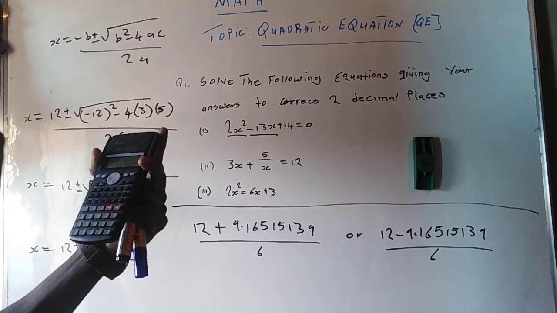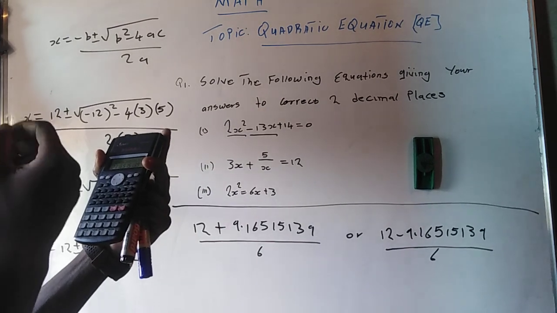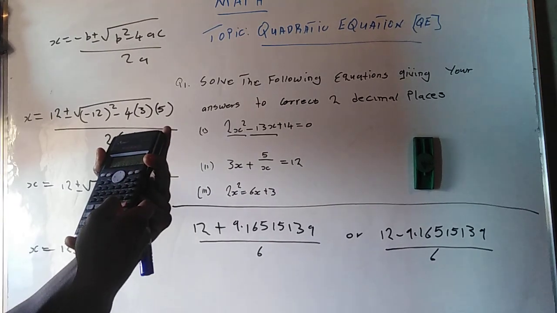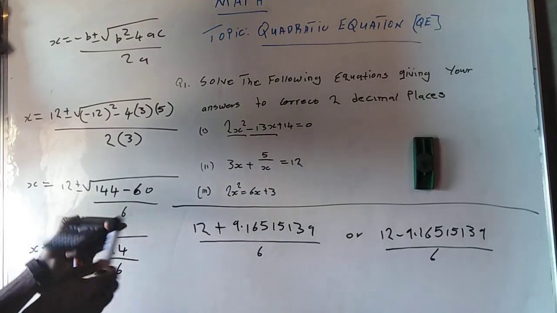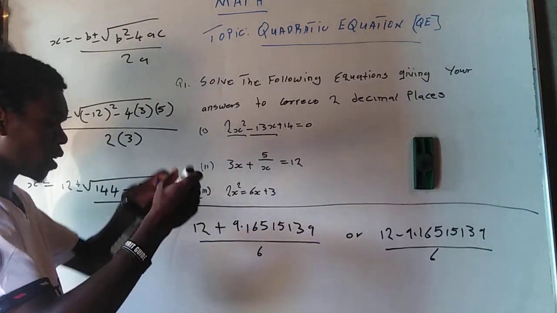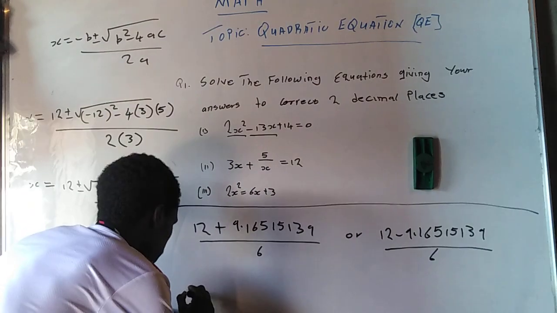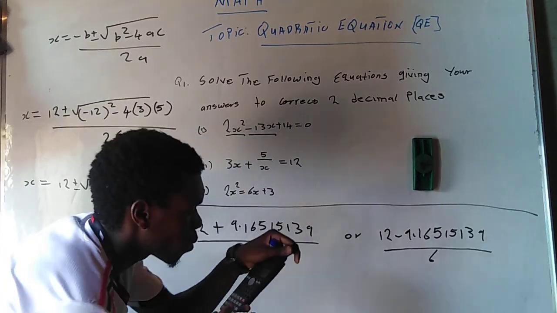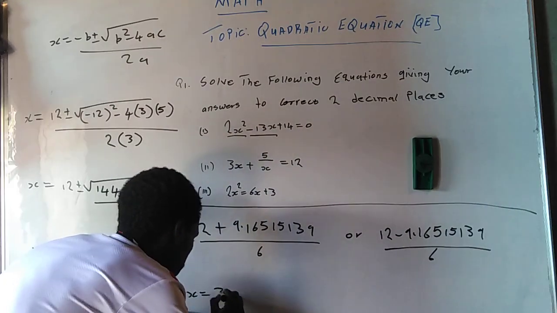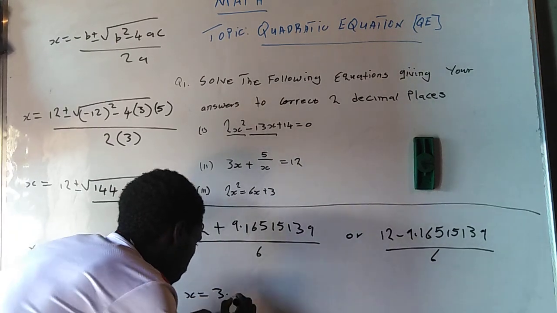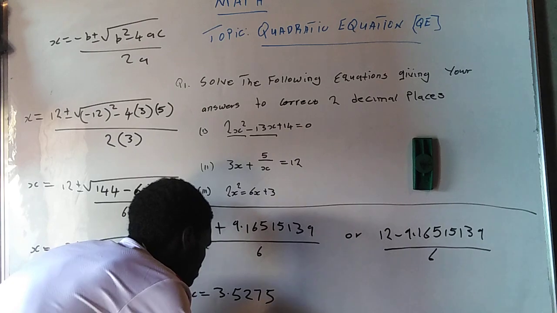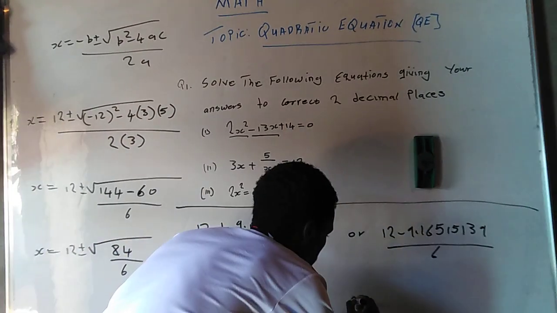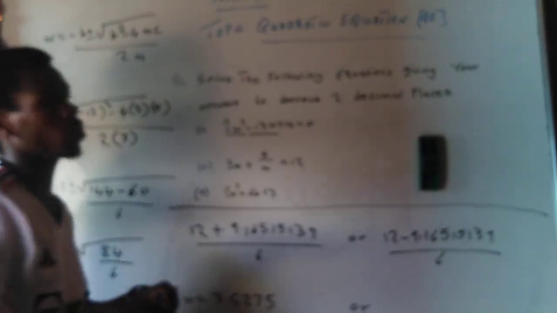It's giving me 21.165, 15,139. Then I'll divide that number by 6. So it's giving me x is equal to 3.525. Okay, what about this one?